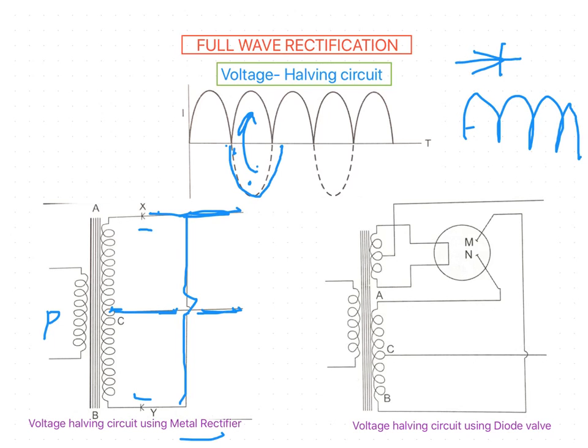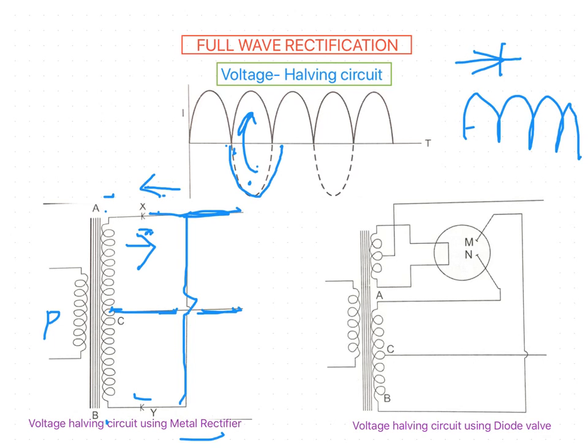In this circuit, here A is negative and B is positive. Then how will the flow of electrons take place? From A to B, the electrons should pass. But because of rectifier X, the electrons are unable to pass, because the symbol of the rectifier shows it allows current in one direction only, and if A is negative, the electrons flow in the opposite direction.